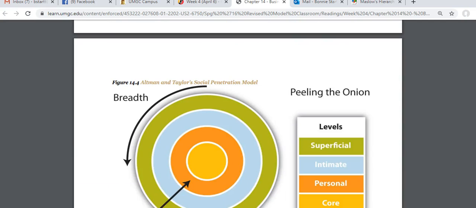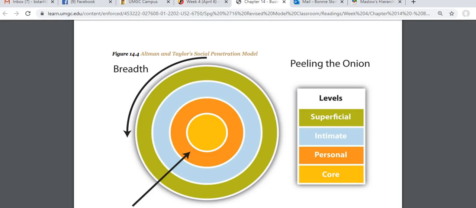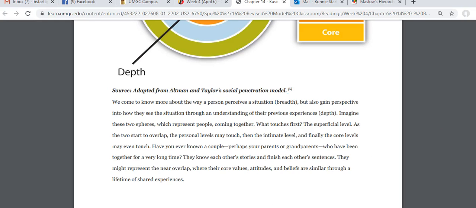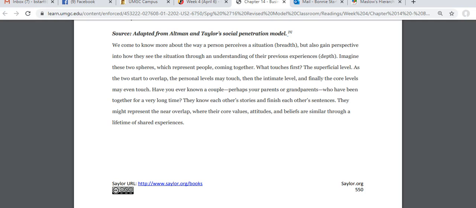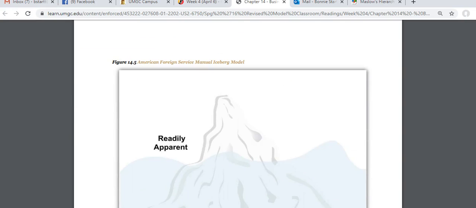All right. Also within this, Altman and Taylor's social penetration model. Have a look through here and help yourself to better understand what we need to do in order to make people believe things.